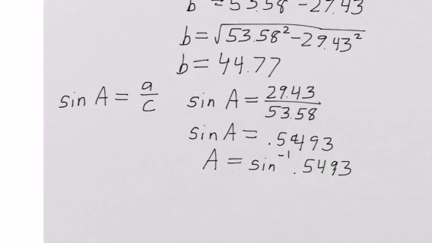And if I punch that into my calculator, I get that A is equal to 33.32 degrees. And then I could do the subtraction from 90 to obtain angle B.